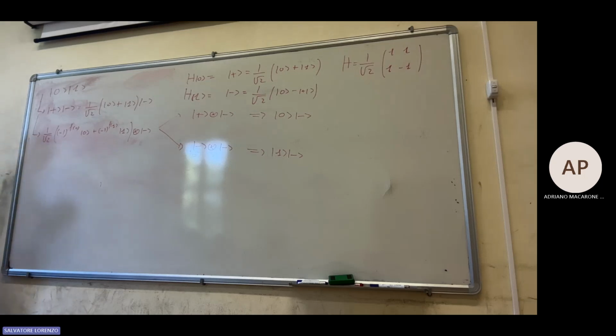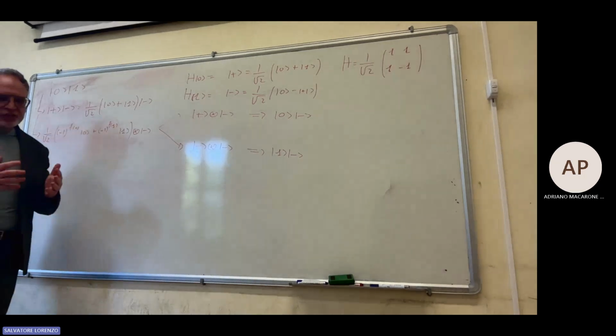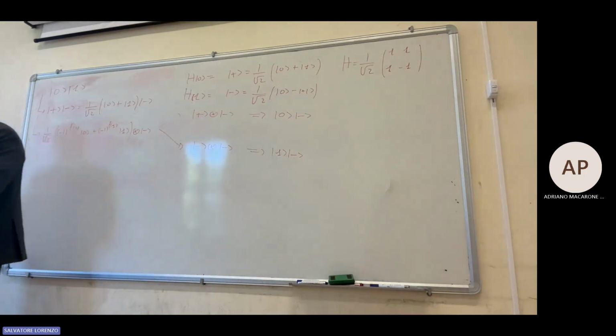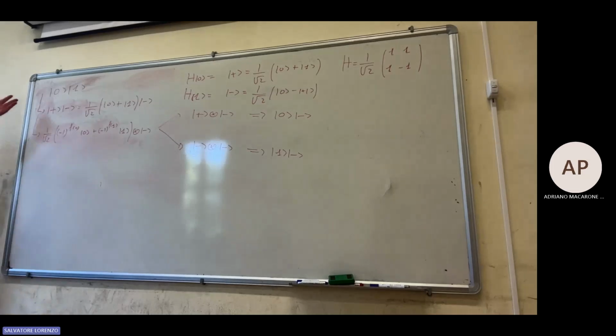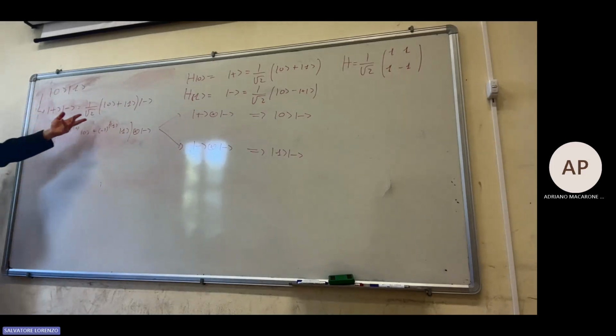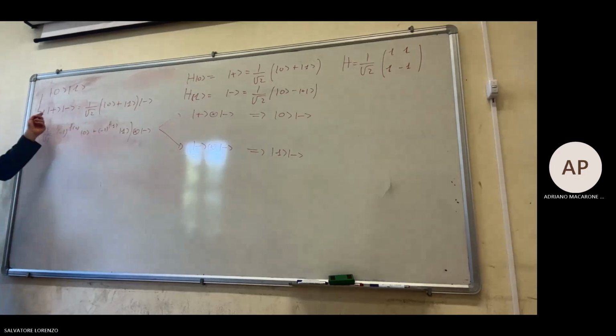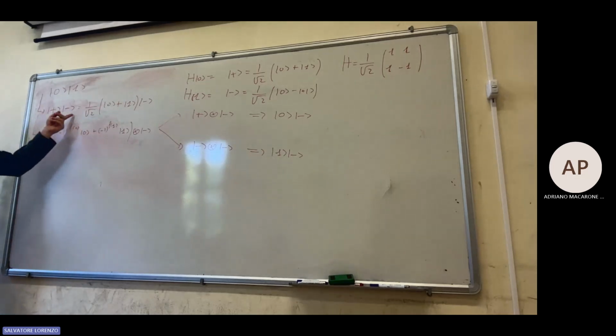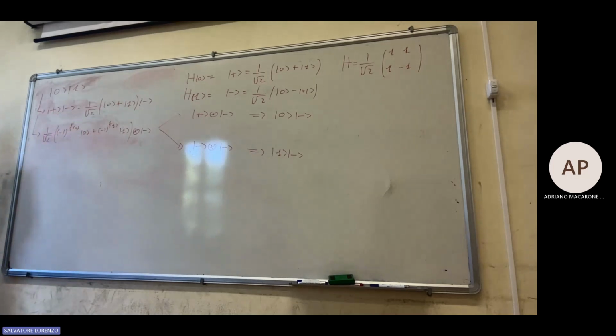So the idea is playing with the state, especially with the initial state, with the superposition principle. Here you start from 0, 1, in which there is no superposition. You apply a Hadamard and put both qubits in superposition. This allows you to evaluate the algorithm on the whole system simultaneously.